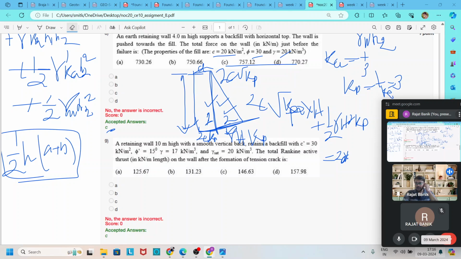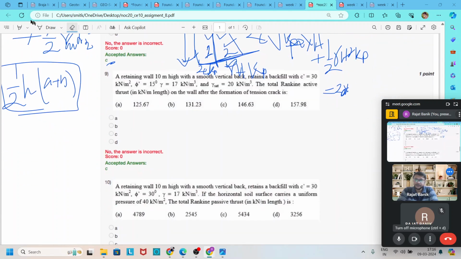In question number 9, it is said that a retaining wall of 10 meter height with a smooth vertical back retains the backfill with cohesion 30 kilonewton per meter square, phi 15 degrees, and gamma 17 kilonewton per meter cube.